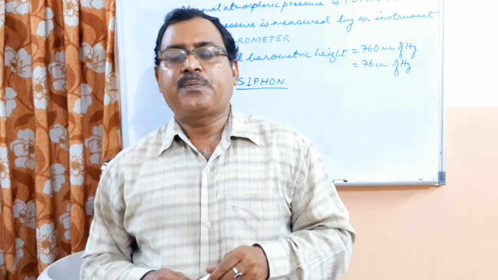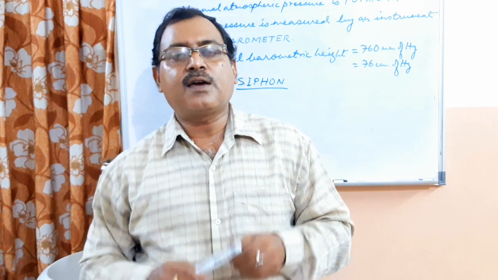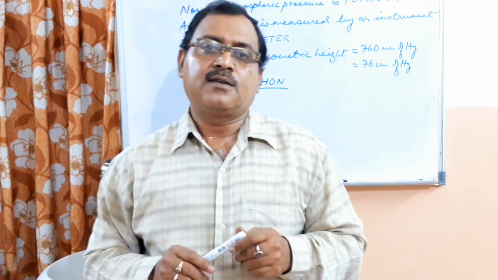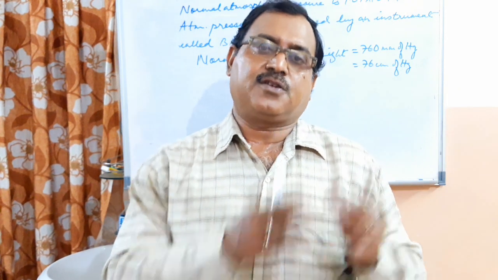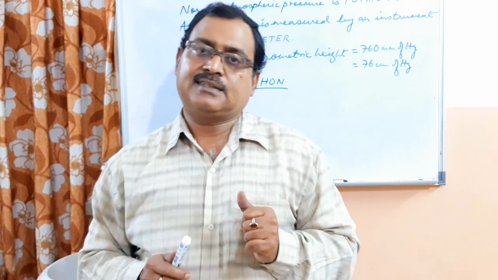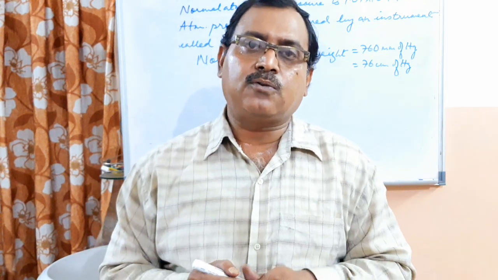So children, I think we have covered everything about pressure: pressure in solids, pressure in liquids, and pressure in gases. By the way, one more thing I would like to tell you.